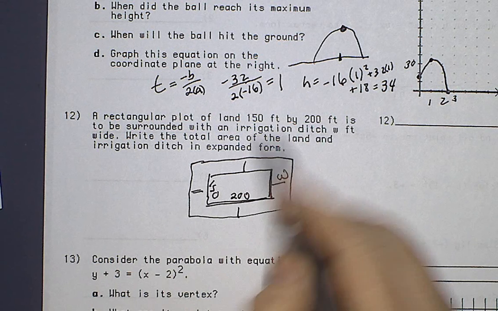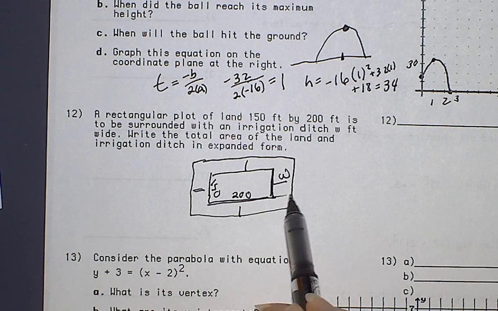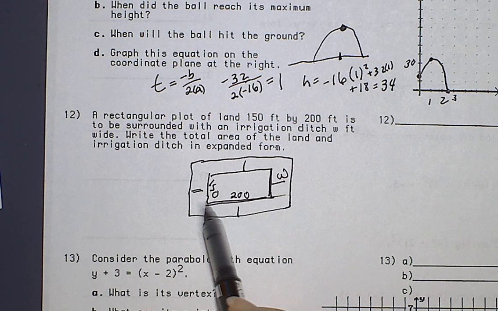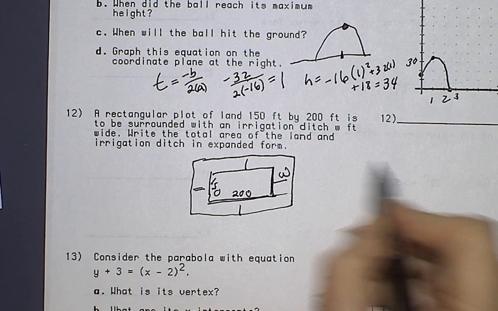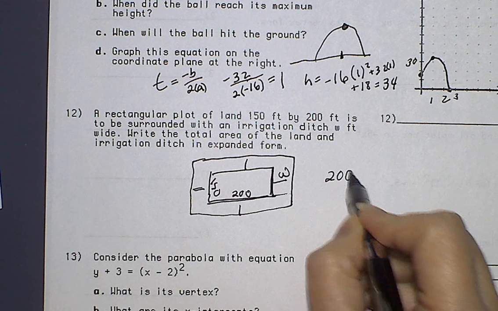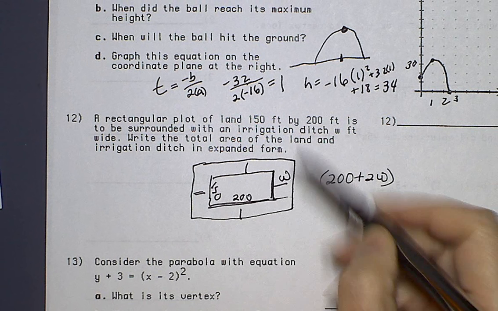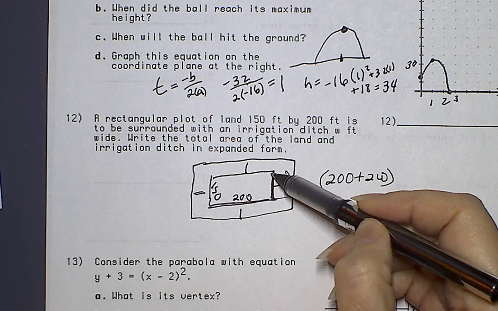If this is 200, then what would you have to add to this side? It would be W, and this side would be W. So it's 200 plus 2W, and it's length times width. So that's my length. My width would be 150 plus 2W.